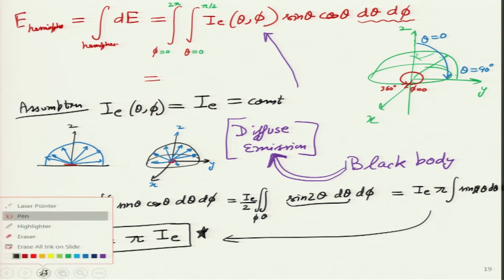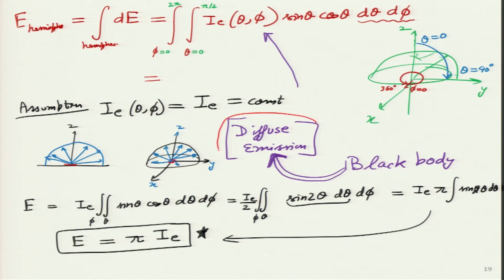So, I will highlight it in red color over here. This is the assumption that we are making, that all the emission from this particular surface over here is diffuse, and that is what we get very nicely over here, which means I can go ahead and write the next assumption.